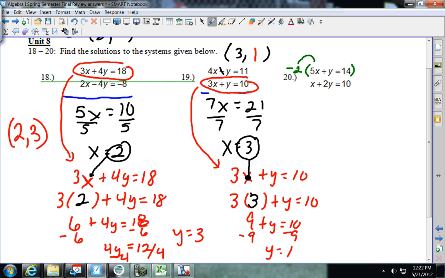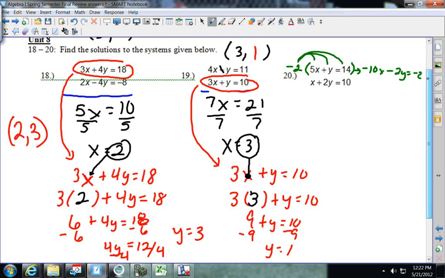So I'm going to take negative 2 times 5x, negative 10x, negative 2 times y, negative 2y, negative 2 times 14, negative 28. Rewrite the bottom equation just the way it is. I don't have to do anything to it. And now add them together.